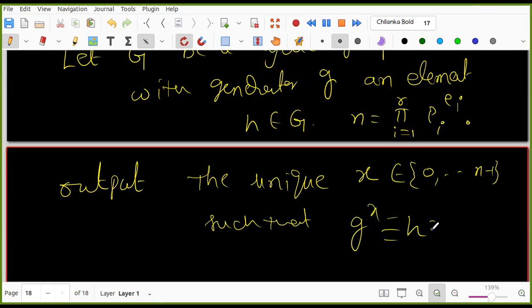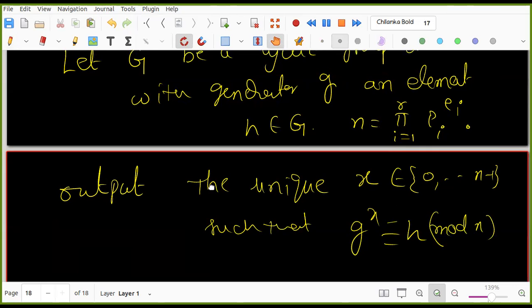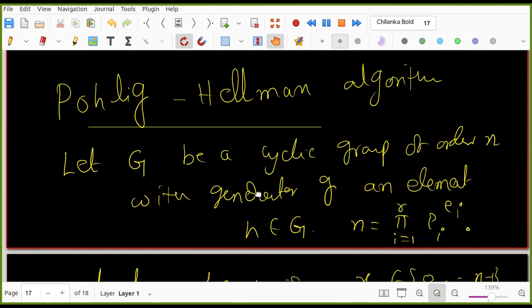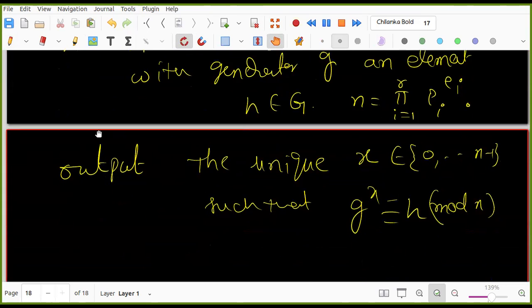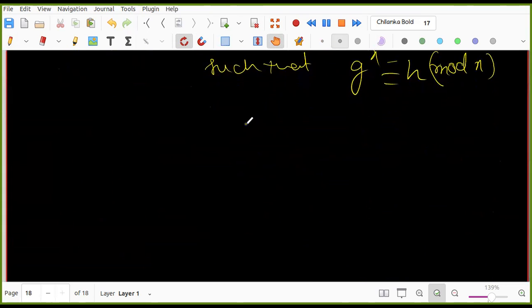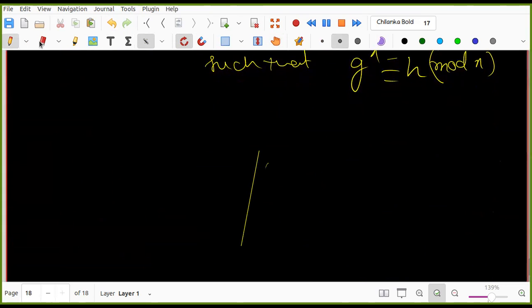G is a generator, so h is an element in the group, and h can be written as g power x. In the discrete logarithm problem, I have to find x. So this Pohlig-Hellman algorithm will tell you how to compute x when the primes in the prime factorization of n are very small. I'll tell you now.